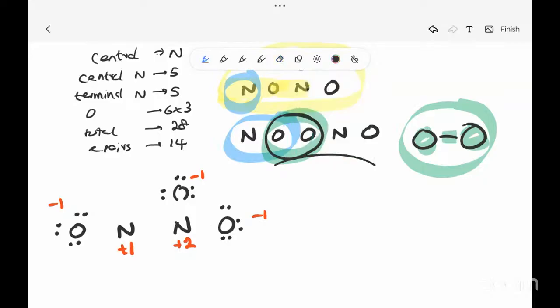Now we will have something like this at the end, the lone pairs and like this. Then the electron transition. I need to eliminate these positive charges, right?